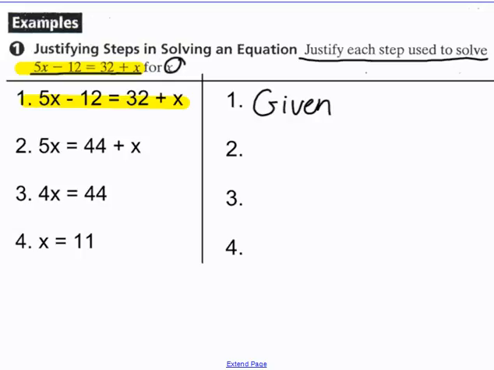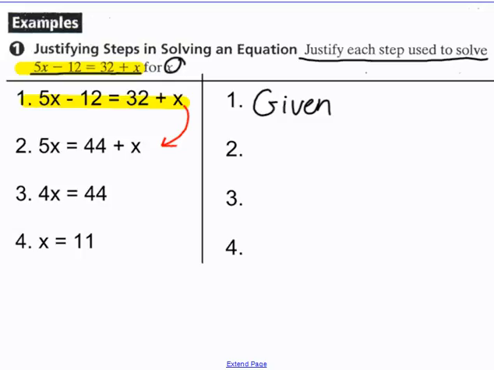So now our job is to look at this particular equation compared to this one and figure out what's happened. Well, what I notice is that on the left-hand side, we have 5x, and there's no minus 12 anymore, and that 32 got bigger.